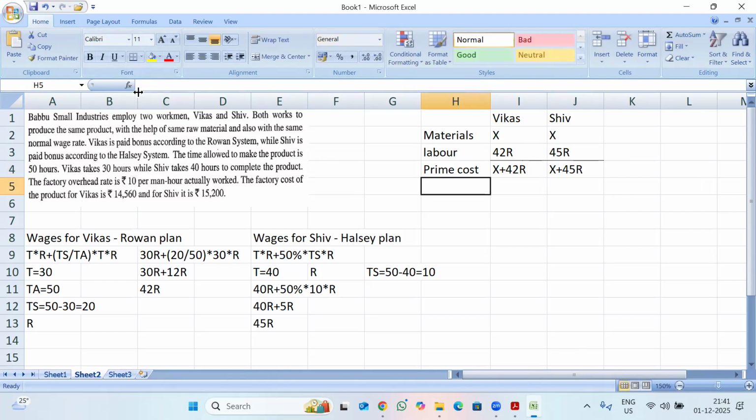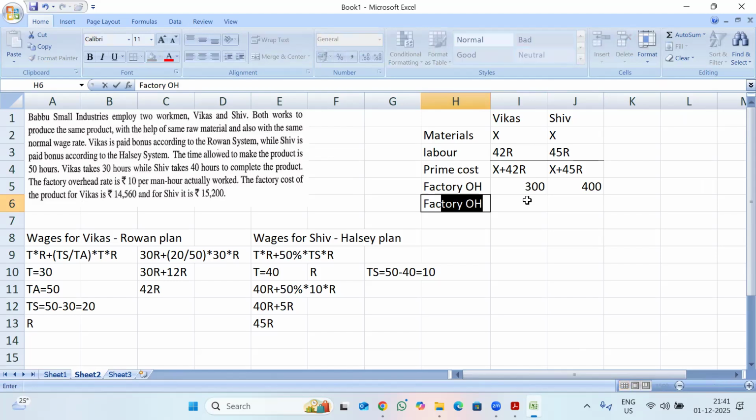So now I need to calculate factory overheads. They have given the factory overhead rate as 10 per man hour actually worked. So in case of Vikas, he worked for 30 hours, so 30 into 10, 300. In case of Shiv, he worked for 40, so 40 into 10, 400.